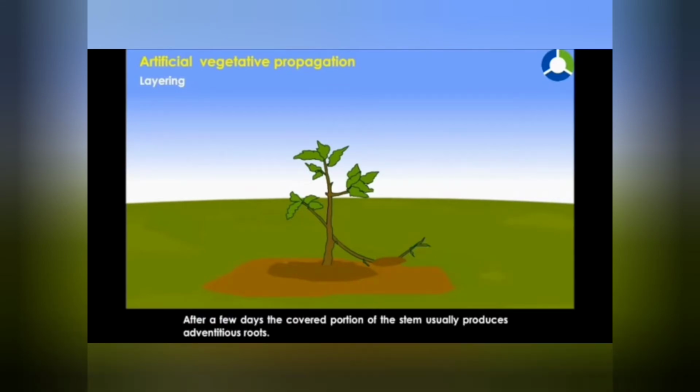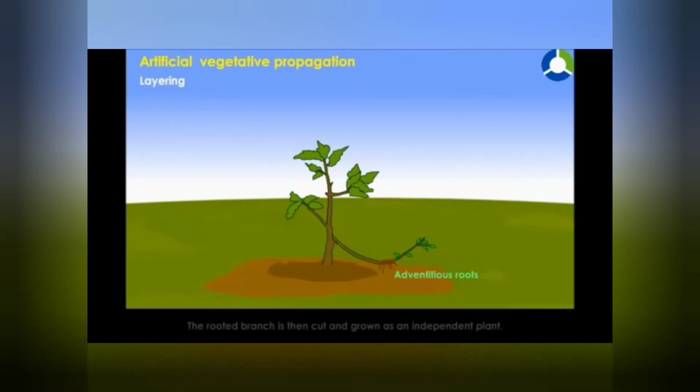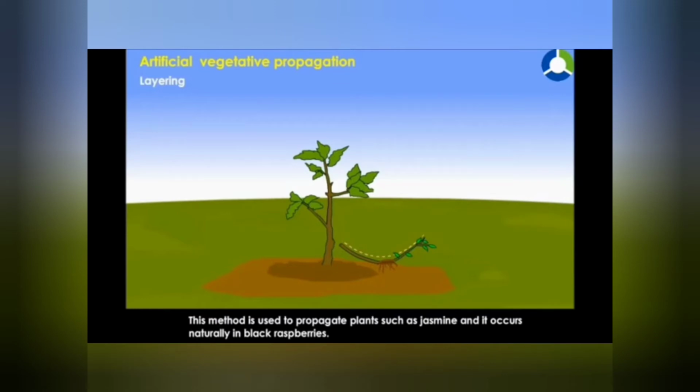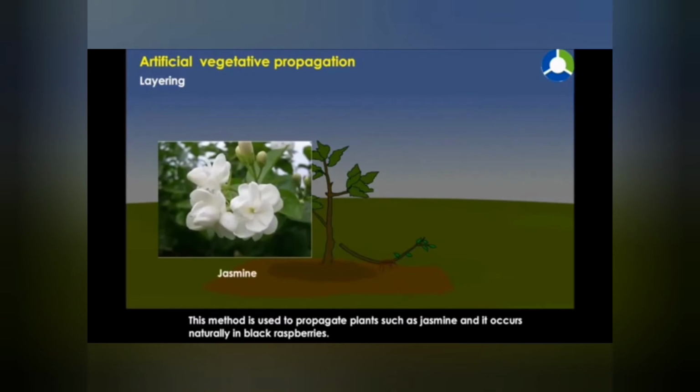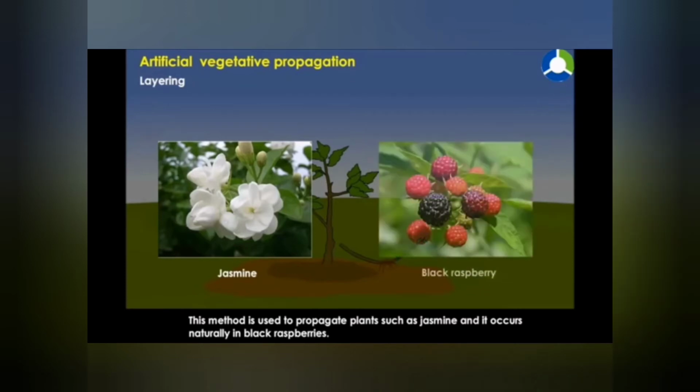After a few days, the covered portion of the stem usually produces adventitious roots. The rooted branch is then cut and grown as an independent plant. This method is used to propagate plants such as jasmine, and it occurs naturally in black raspberries.